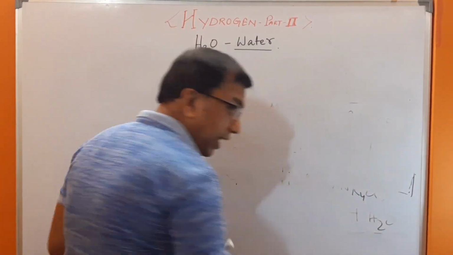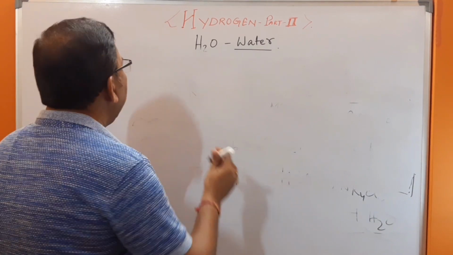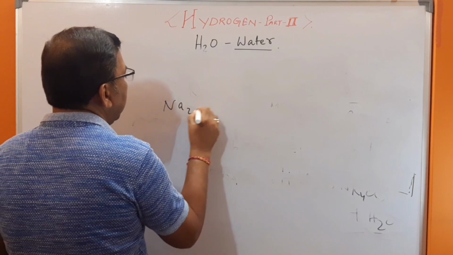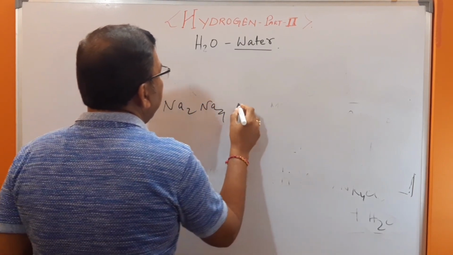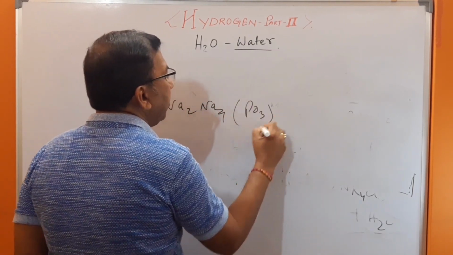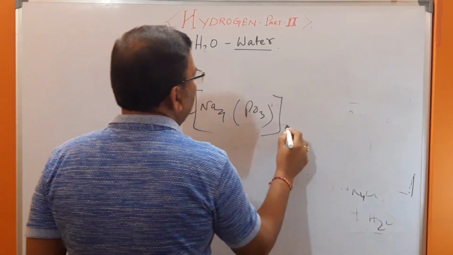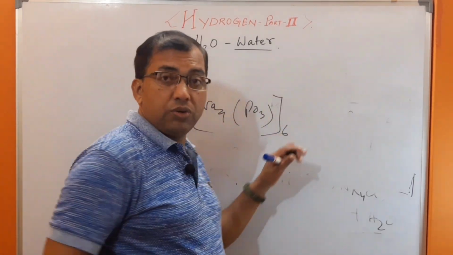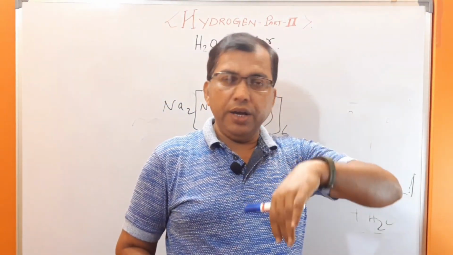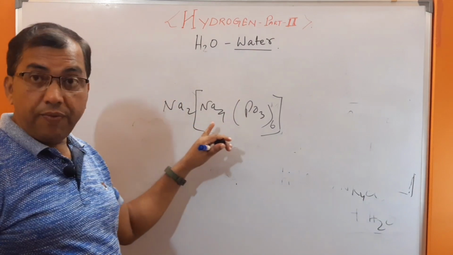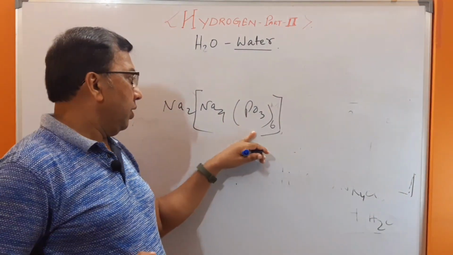Sodium hexametaphosphate, Na2[Na4(PO3)6].